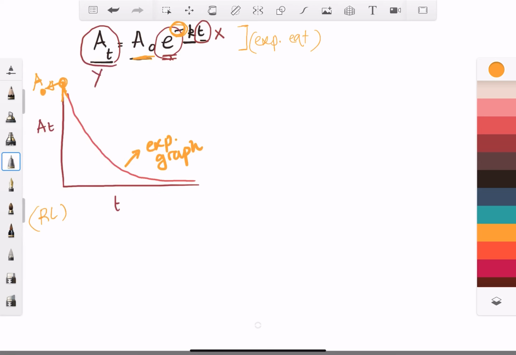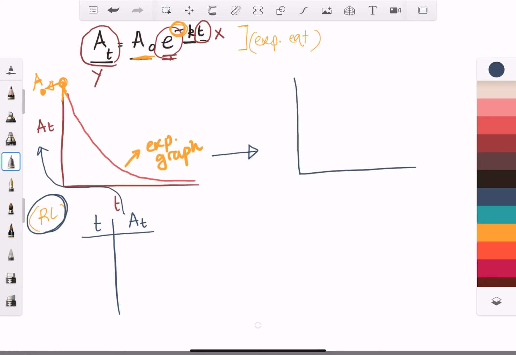What if I changed this to, again, before we change this, I have here time and A at a certain time. We didn't change anything. We just have it and draw it here on the y-axis. Okay. What if I changed the graph from rectilinear to semilog graph?